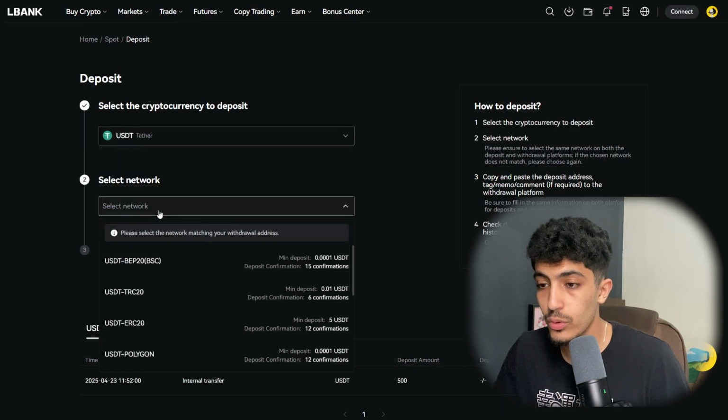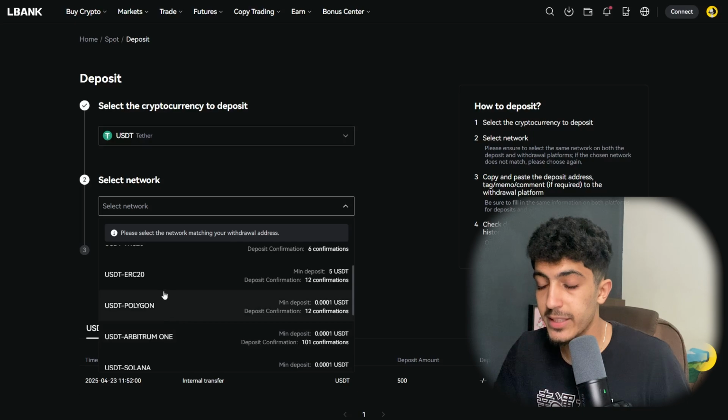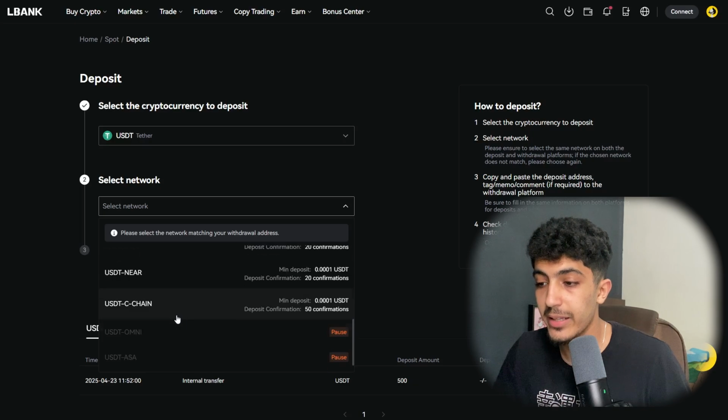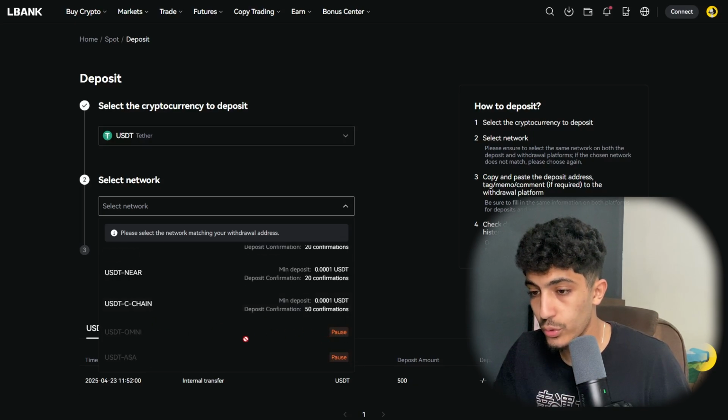Here we have the networks: the BEP20 and TRC20 for lower fees, also the ERC20 or Ethereum network, Polygon, Arbitrum, Solana, Tron, Near, and other networks. As we see, at the moment two networks, the ASA and the Omni, aren't available and are paused.